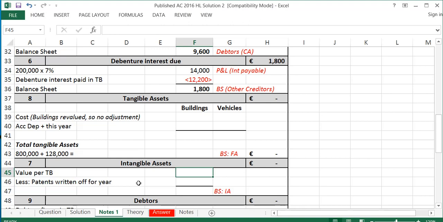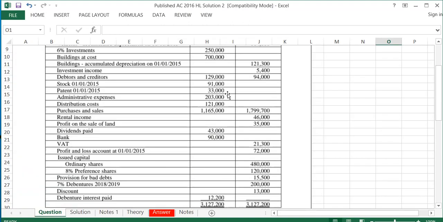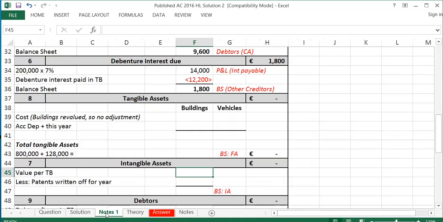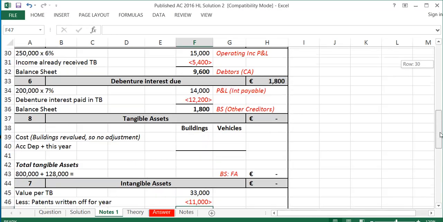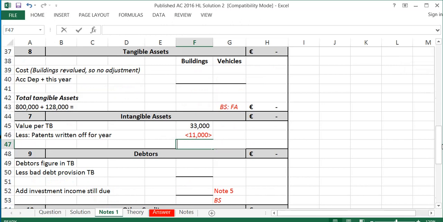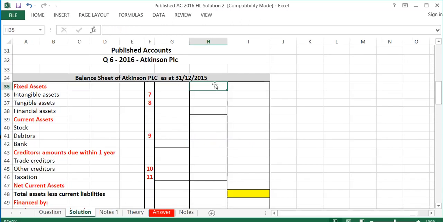If I look back at my trial balance, my patents are 33,000, less the patents written off of 11,000, which I wrote off in note 1 above. Here, in my cost of sales, I wrote off 11,000, so that has to be taken away here, which leaves me with patents of 22,000.